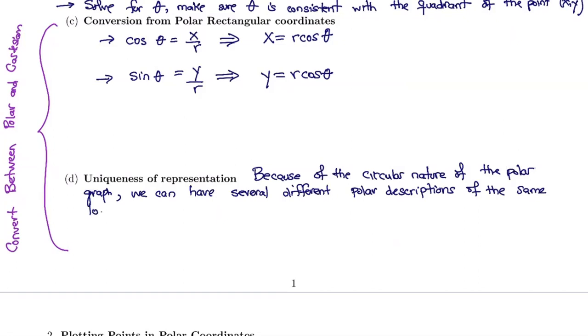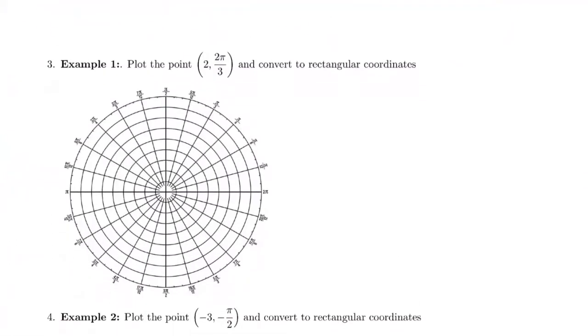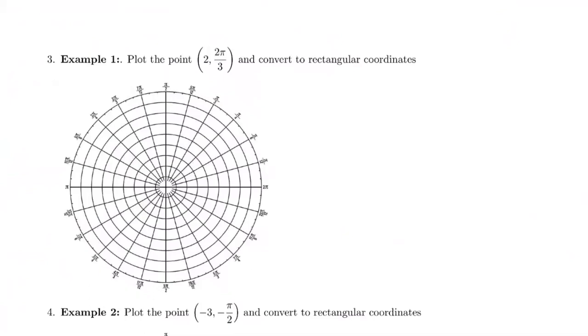because you can either rotate clockwise or counterclockwise, which means that if you look at a polar graph and you wanted to plot a point, say this point right here, you could get to that point by going out a certain distance and then around in the counterclockwise direction.